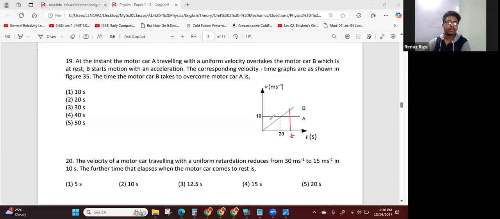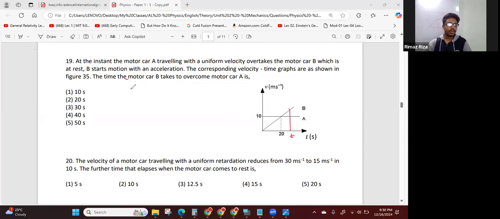When it happens, the area under the curve will be the same because both of them have traveled the same distance.